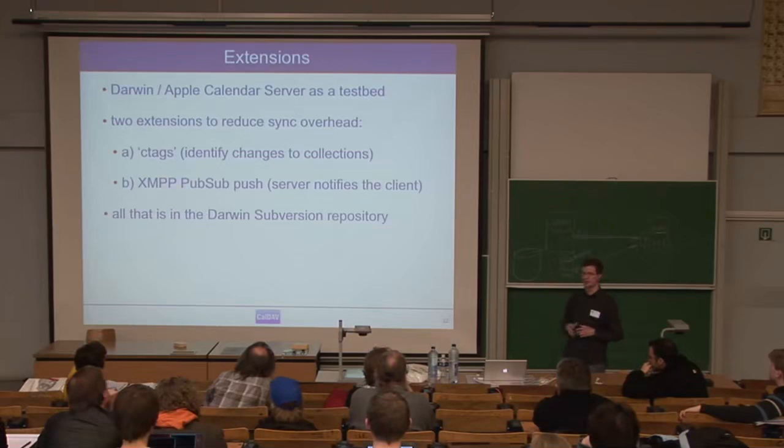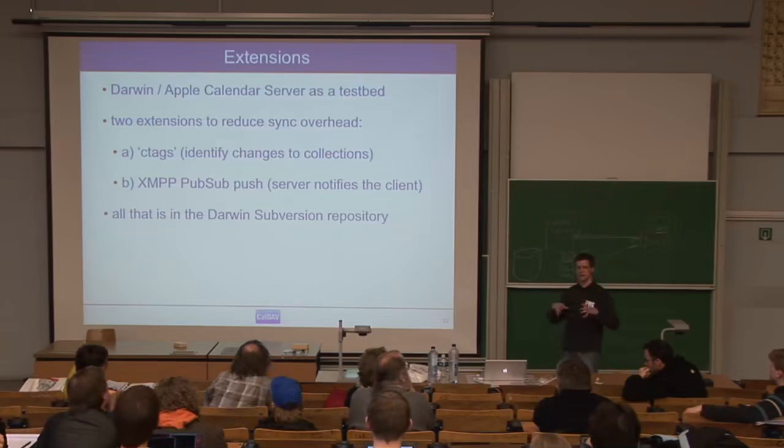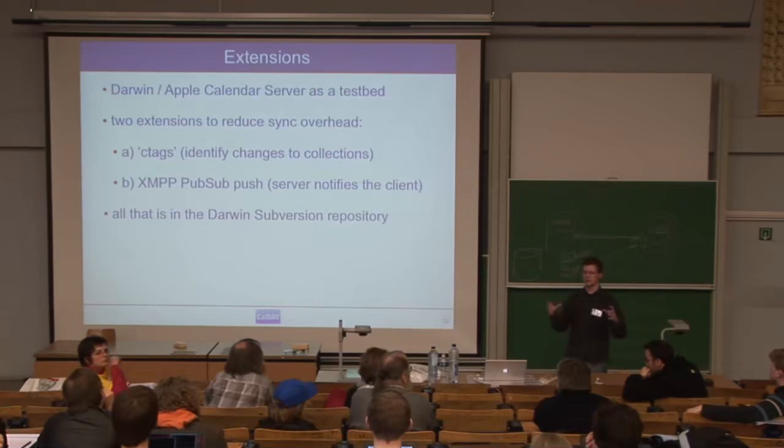For reducing the PROPFIND overhead, there are actually two things. The one thing, which is already in production use, is CTags. CTags are like ETags. An ETag says whether an event has been changed by some other user or by some other means. A CTag is roughly the same, except that it covers a whole collection, a whole folder. So if anything in the folder changes, the CTag changes.